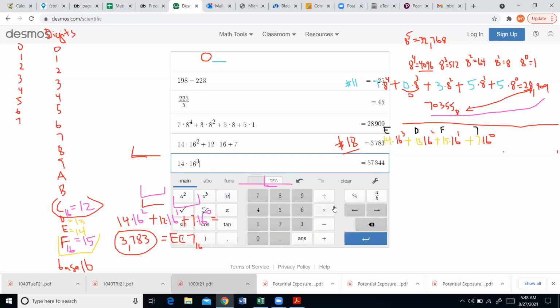The next is 13, which is going to be times 16 squared, right? Plus the next is 15 times 16 to the first, so just times 16, and finally plus 7, because the 0 power is really nice. And then here's our answer.